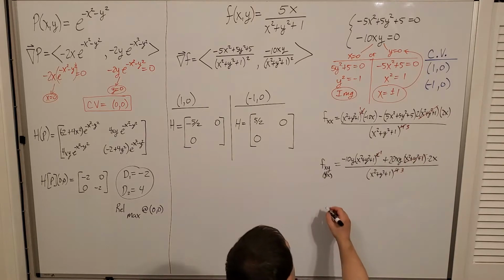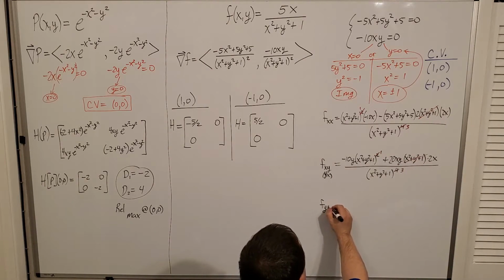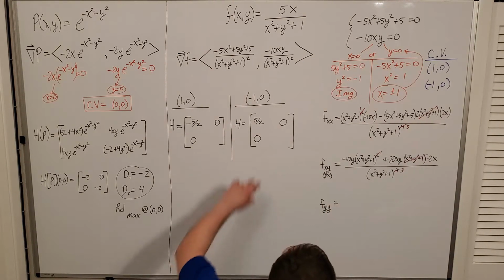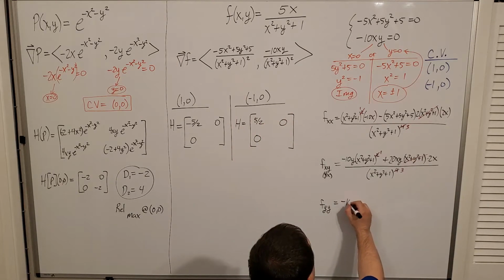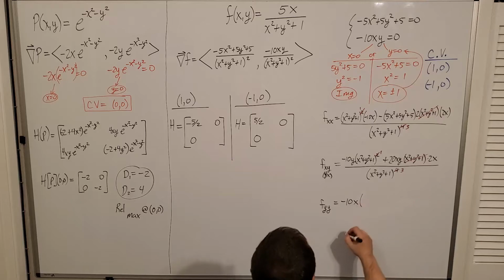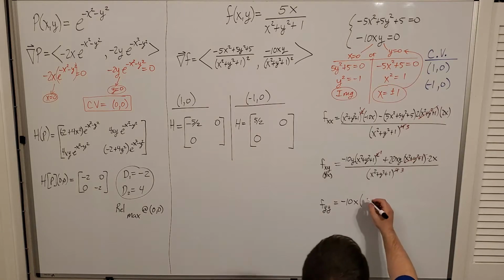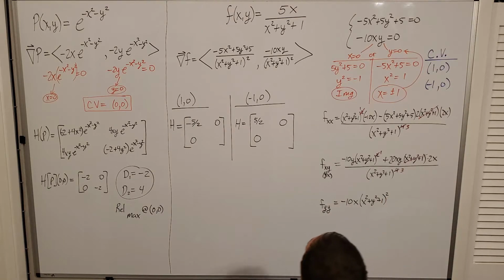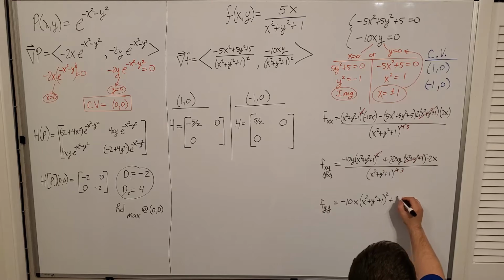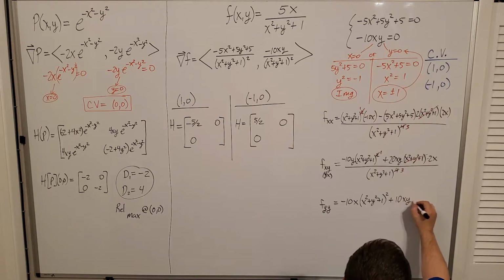All right, last tidbit. The f_yy derivative, the y derivative of that piece up there, I will get negative 10x for the d high, times (x squared plus y squared plus 1) squared. And then high d low, so plus 10xy.